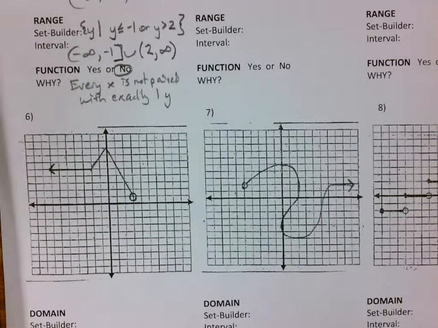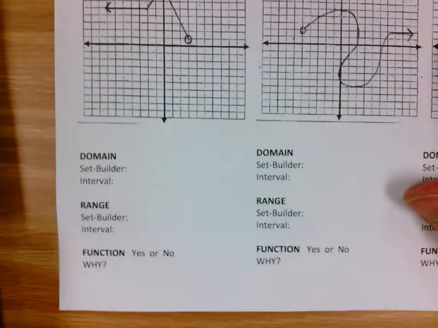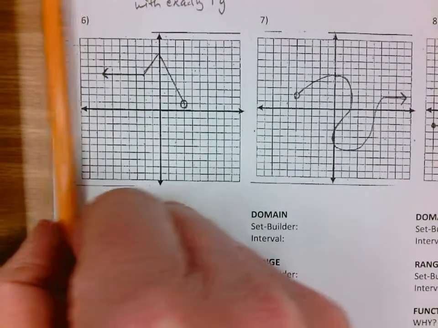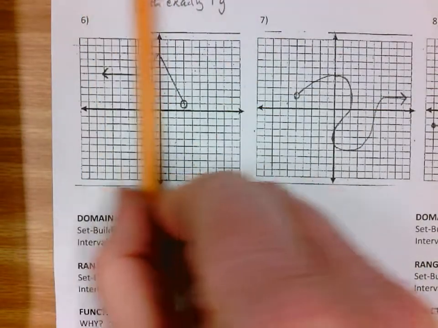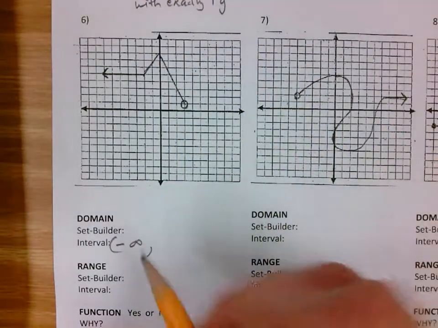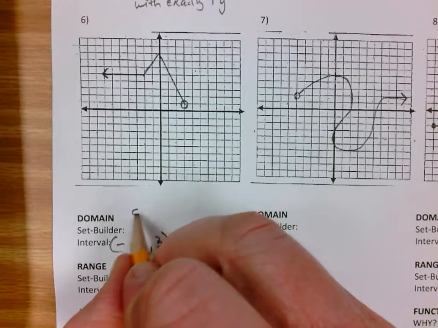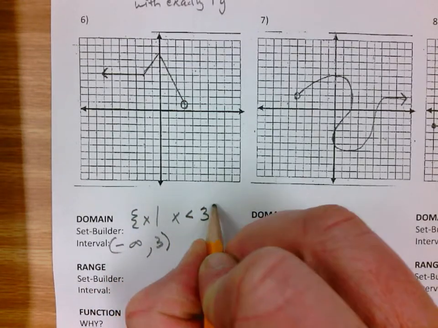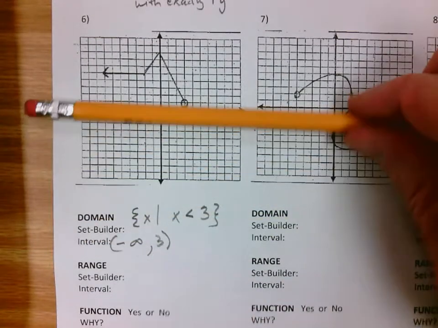Okay, let's jump around a little bit here. Let's go down to number 6. So again, domain, go left to right, all the values out here, negative infinity, all the way until I stop right here, 3. And then it's done. So that's it. X has to be less than 3. The range, I don't start any values until 1.